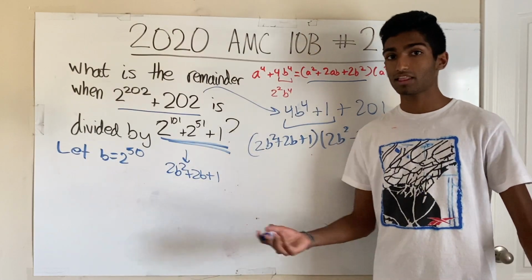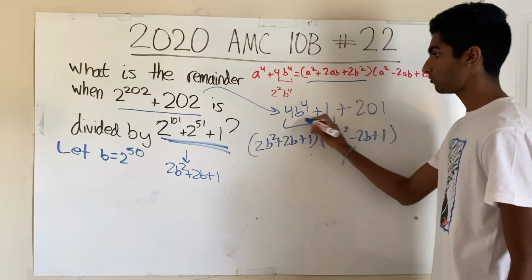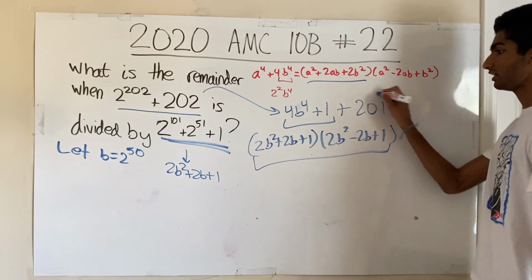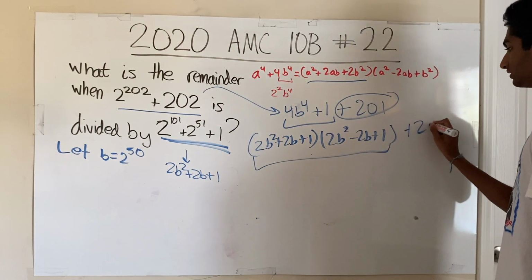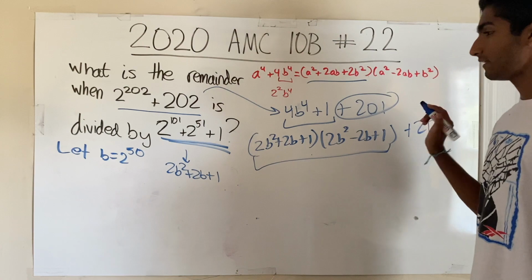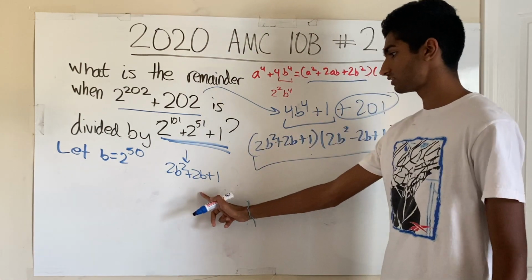Okay, so now that I've rewritten it, you can see clearly that we made this 4b to the fourth plus 1 into this expression. And if we add the 201 at the end, that's our final expression for this. Now, we need to find the remainder when that's divided by this.